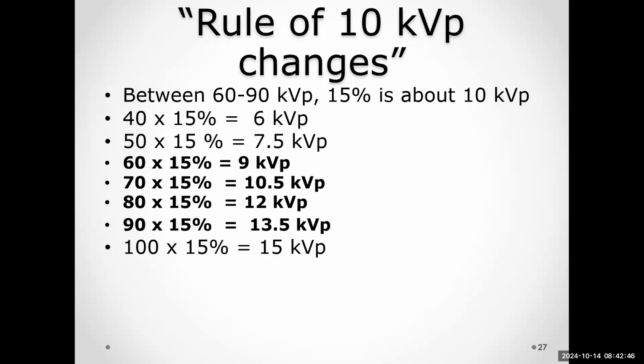It's really close on the 70, pretty close on the 60. So that's just a quick and easy way you could do the math if you need to make an adjustment to kVp clinically. The rule of 10 is just saying that between 60 and 90, 15% is about 10 kVp. Any questions about that? Okay.